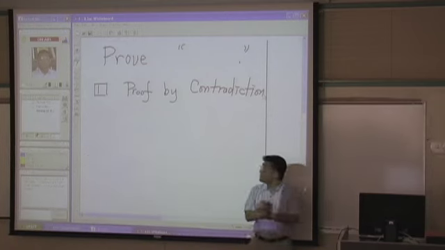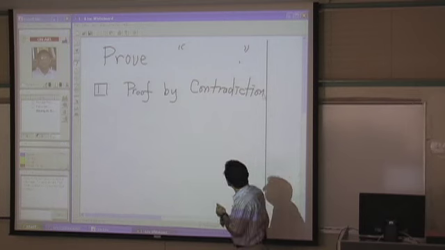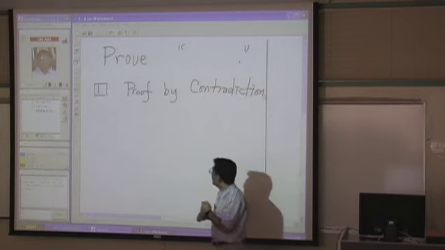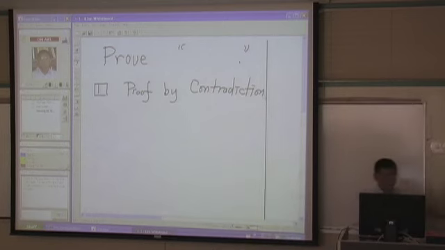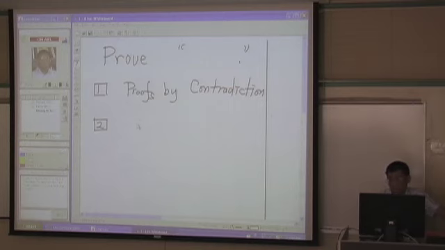And I will show you some example today, and then later we will cover many examples. So proof by contradiction is the one that we will use most. And some easy cases use mathematical induction.